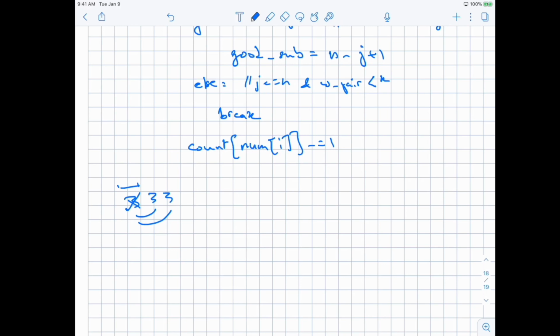Why 2 pairs? 2 pairs is just the numbers without this one, so it's just the numbers minus 1, but we already did minus 1 here, so it's just window pairs now minus this value here. If we hadn't done minus 1, we need to do minus 1 because the pairs are just the other numbers, right? And so this would be minus the count of nums of I. I hope that was clear.